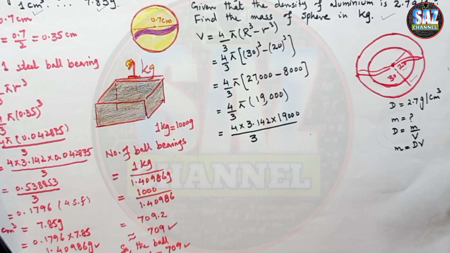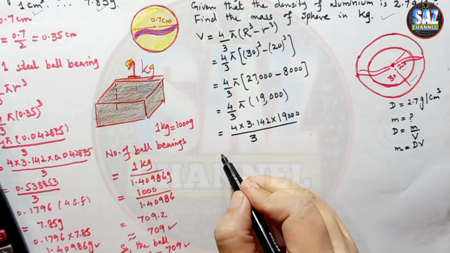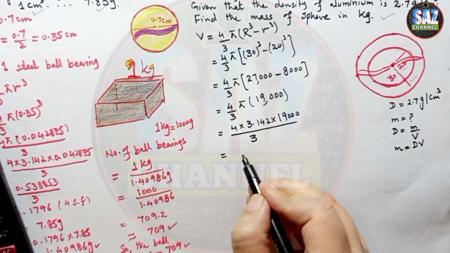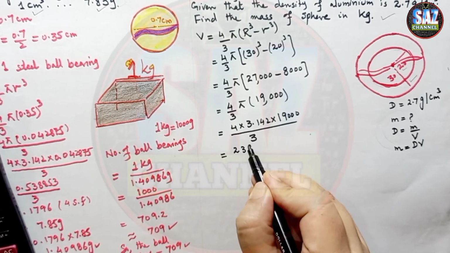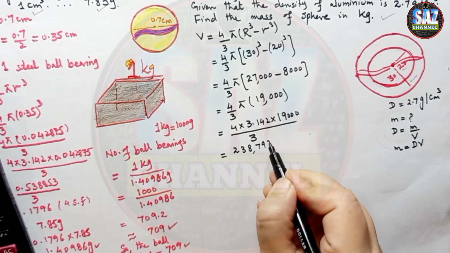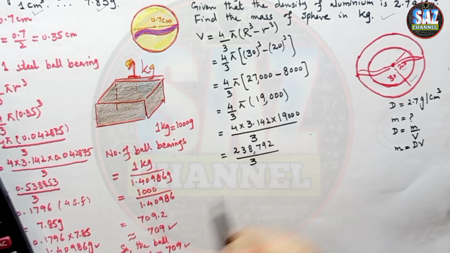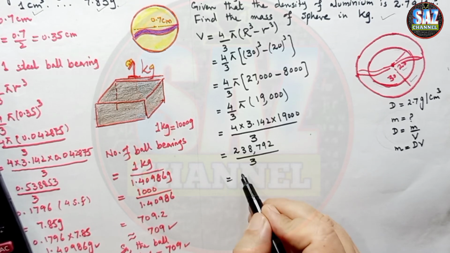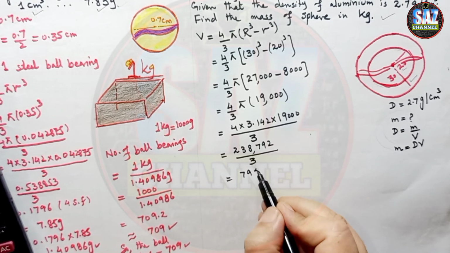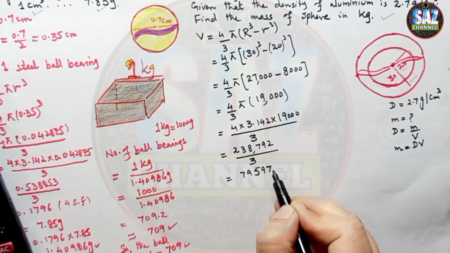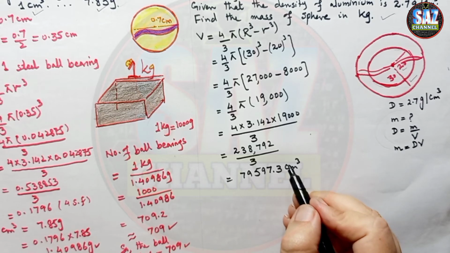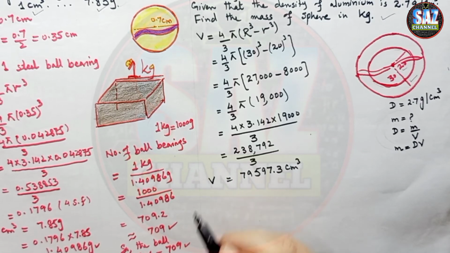19,000 multiplied by 3.142 and multiplied by 4, and this gives me 238,792 upon 3, divided by 3, and this gives me 79597.3 centimeter cube, which is the volume of one sphere.